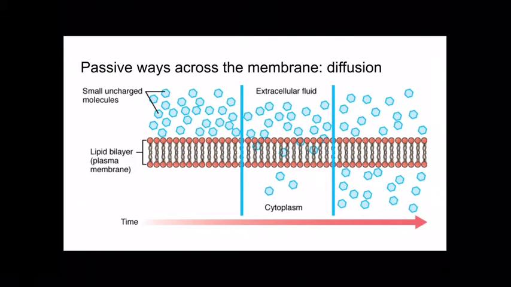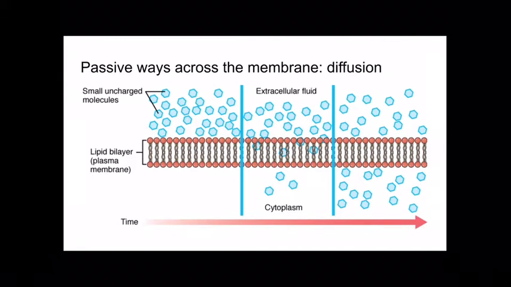So what we see here is the passage of time. As we move to the right, we see the phospholipid bilayer across the middle, also known as the plasma membrane or the cell membrane, and the extracellular fluid is on top of that membrane, or outside, depicted here on top, and on the bottom is the cytoplasm, so inside the cell.